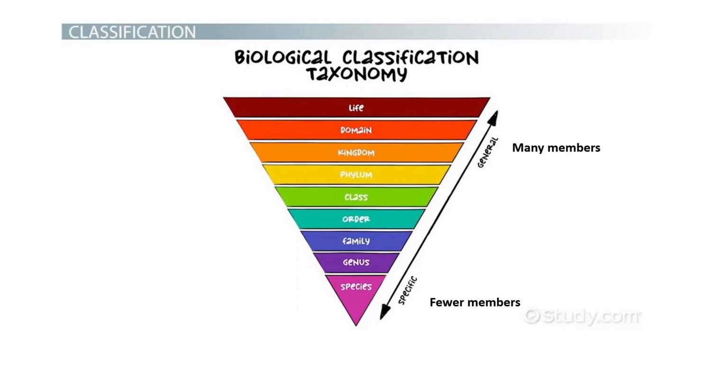Our slide is basically the same thing, but it illustrates the specification of the categories a little bit better when it's shaped like a pyramid. You can see how it becomes very specific down at the end. There's many members at the top, and then there are fewer members at the bottom.